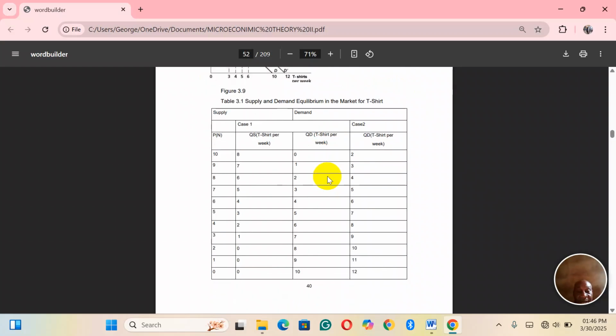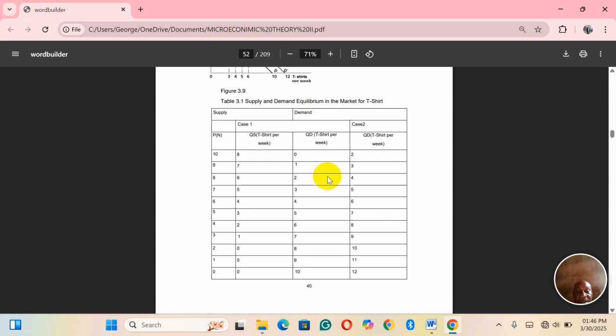So we have the price when it was 10, the quantity supplied was 8, the quantity demanded is 0, and the total quantity of t-shirts per week is 2. At price 9, the quantity supplied is 7, quantity demanded 1, and the total is 3.